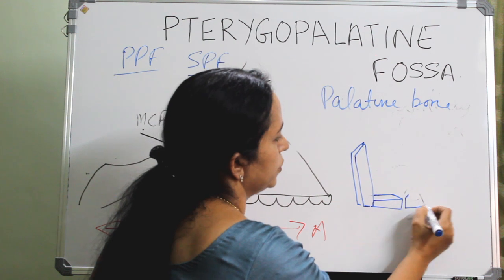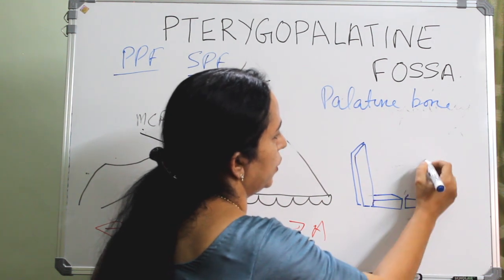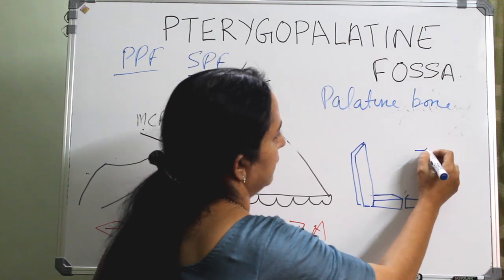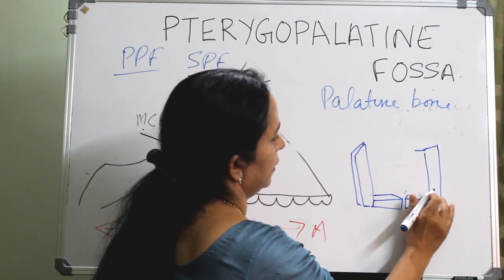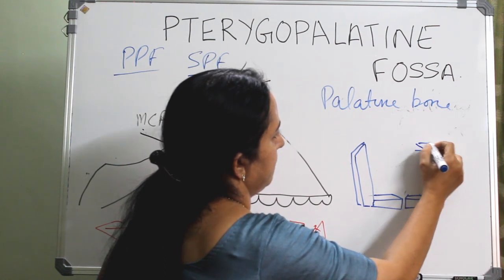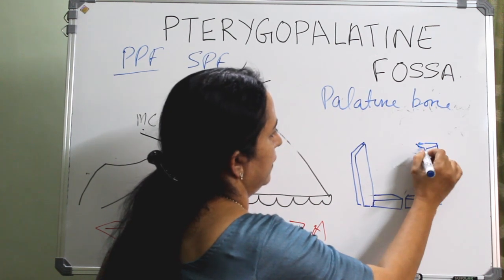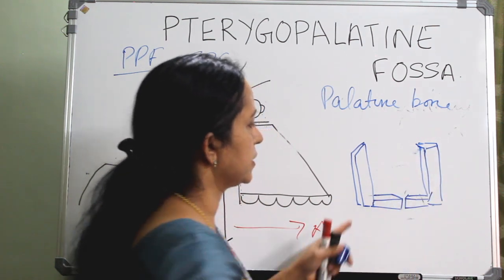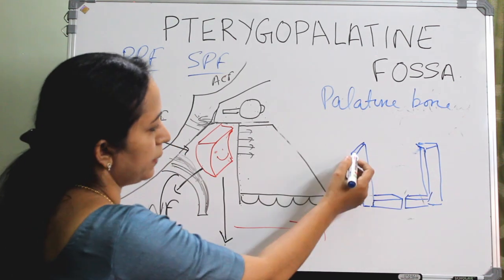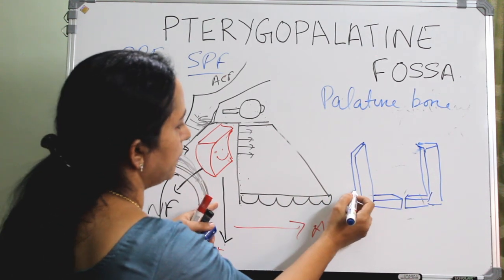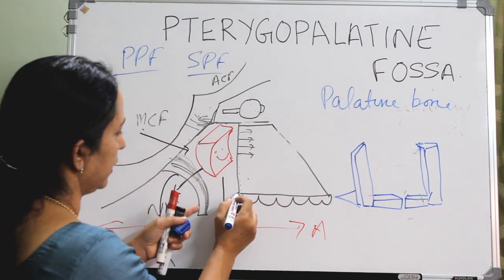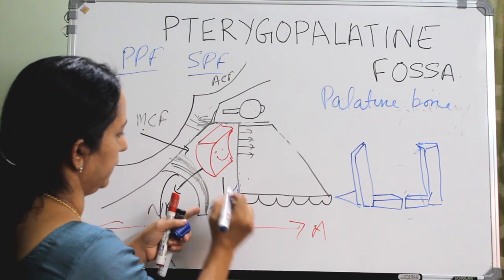So on the two sides it is coming and joining like this. Okay. So it has got a vertical part and a horizontal part, and also from the vertical part a pyramidal process is coming like this, and this part is coming and closing here.